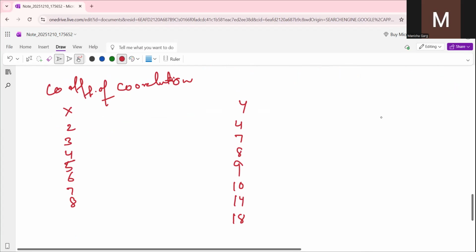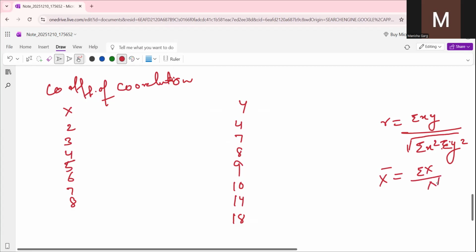Let's write the formula of correlation. Coefficient of correlation R is equal to summation of xy divided by under root summation of x square multiply summation of y square. Firstly, we will find x mean equal to summation of x divided by n. What is the summation of x?